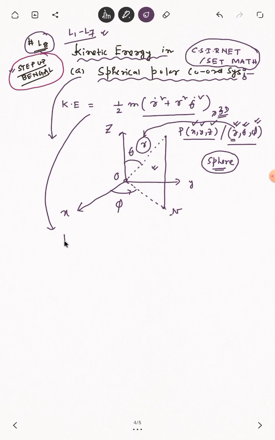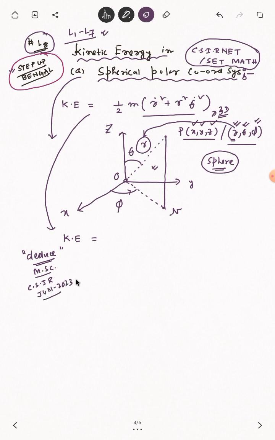So the kinetic energy in the spherical polar coordinate system, if we have to deduce it, the process would become lengthy. That is discussed in the MSc syllabus. Here we are not interested in that detailed discussion, because the CSIR exam is very near in June 2023.